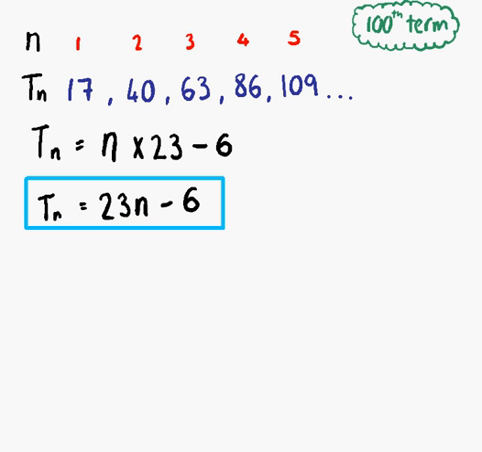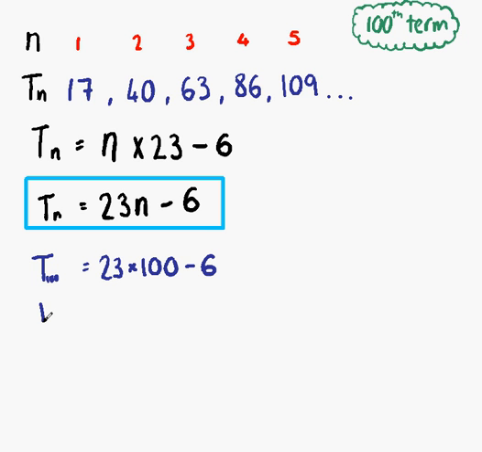We now have our formula, and in this case we want to work out the 100th term. So T100, the 100th term, is equal to 23 multiplied by n, the 100th term, take away 6.